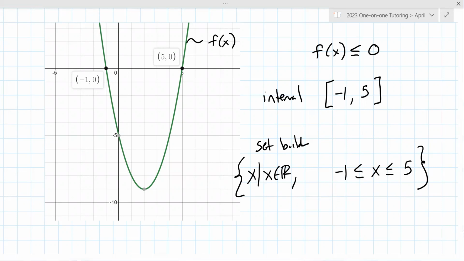Okay, I'm going to make up another one here. Okay, here we go. Let me change the color.